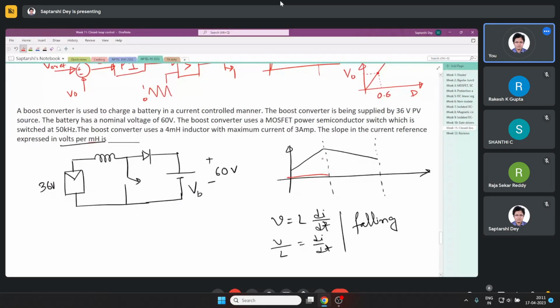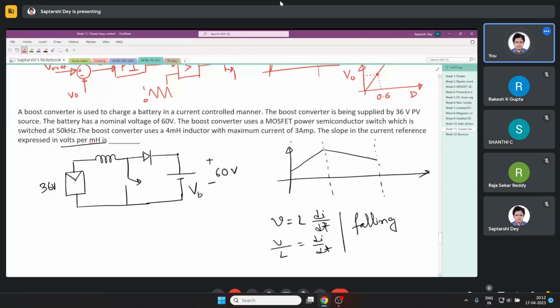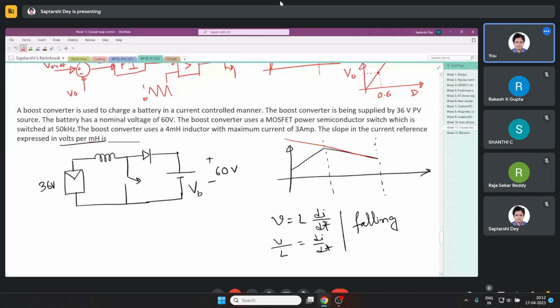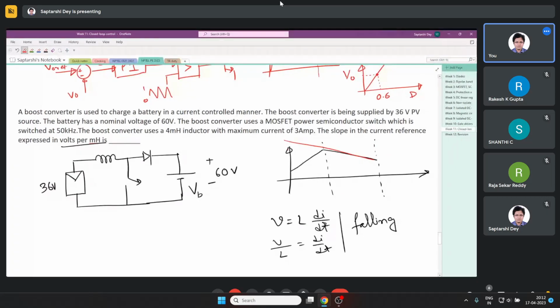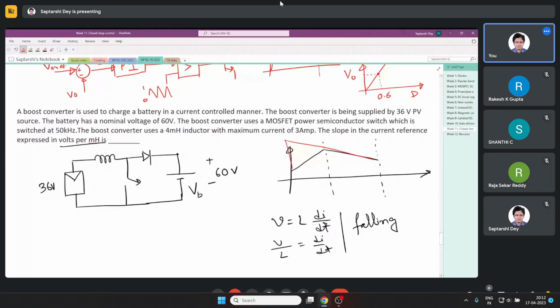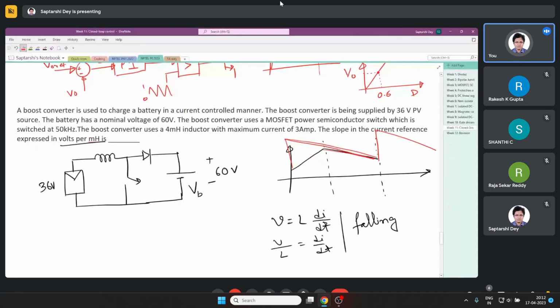Yeah, it looks like this. So the slope is the same as the slope of the current in the falling zone.